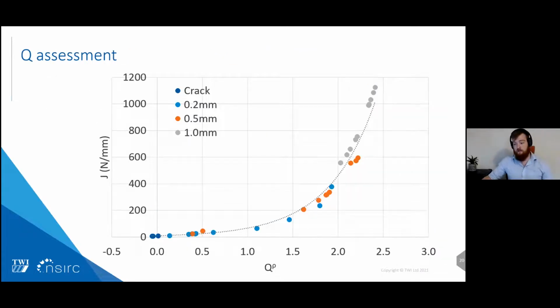This gives us a measure of Q, which we can plot versus J or plot versus the effective fracture toughness, and we can begin to determine a relationship between notch tip radius, so the level of constraint change, and J or our notch tip radius of our specimens.